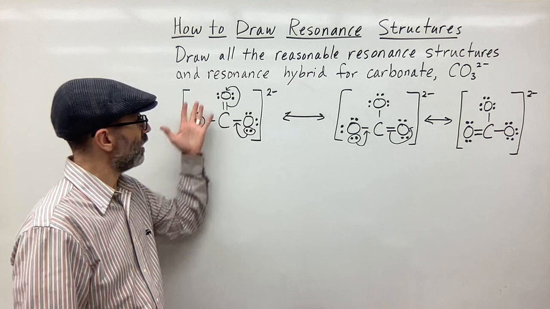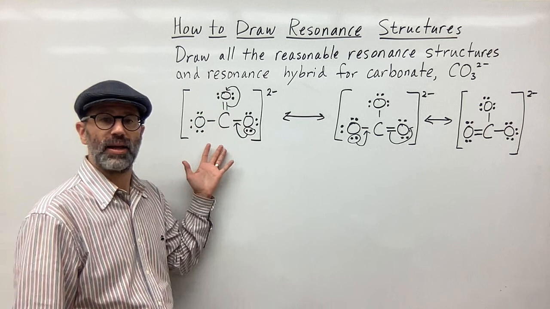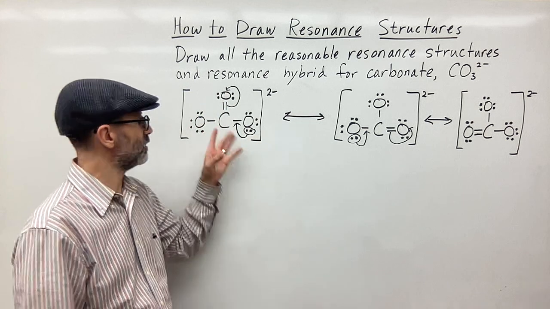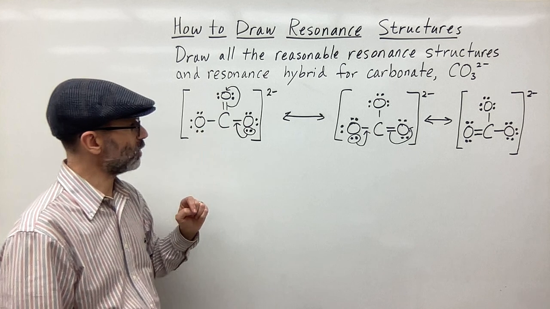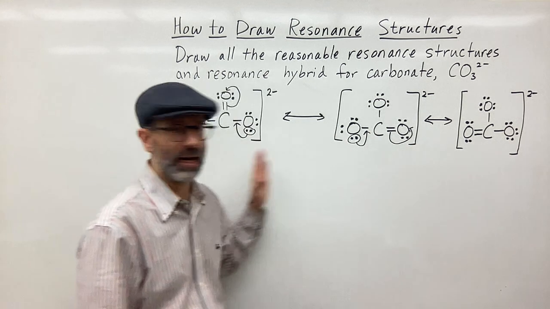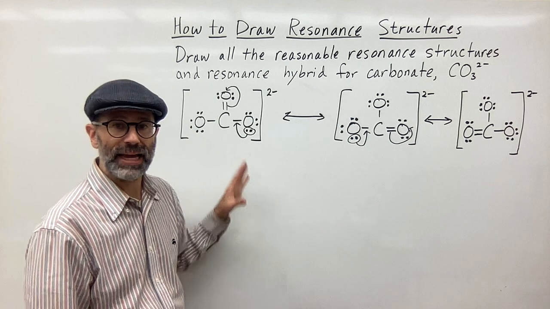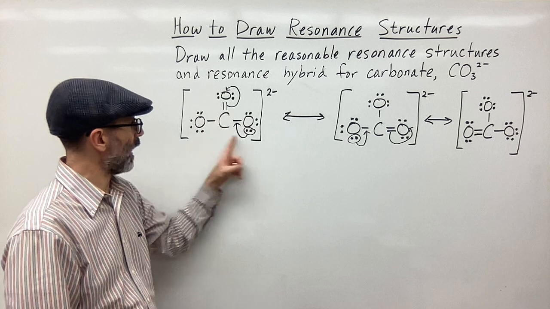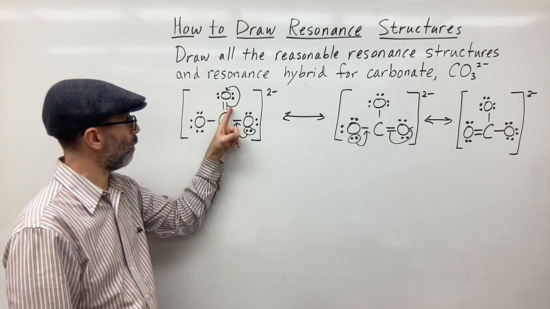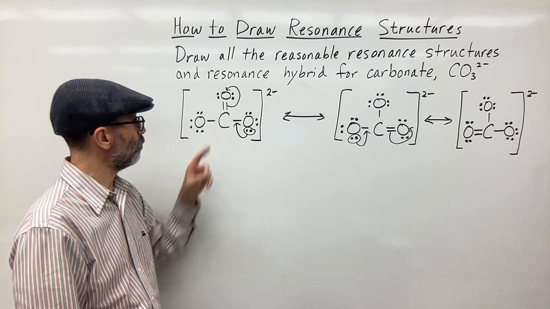So the hybrid analogy applies here because in reality, it's not like I have two single bonds and one double bond at any one point. No, what I get is a hybrid. What I get is a mixture, or a hybridization, of the double bond with the two single bonds.